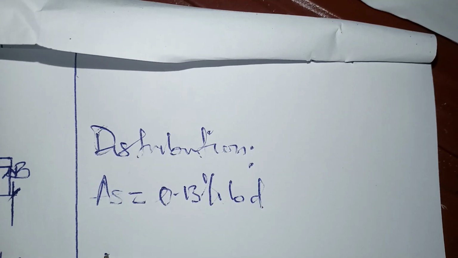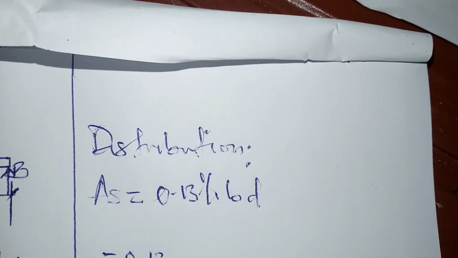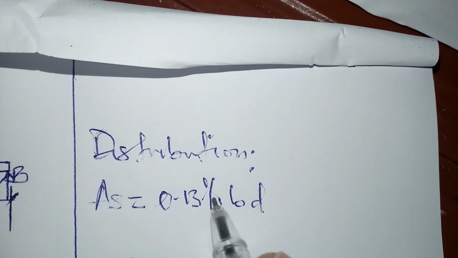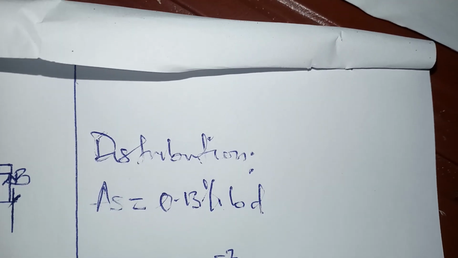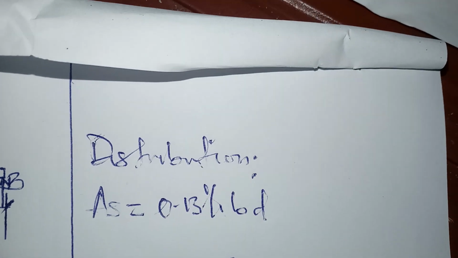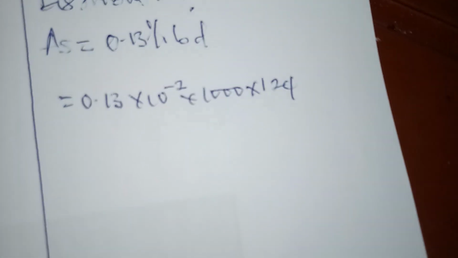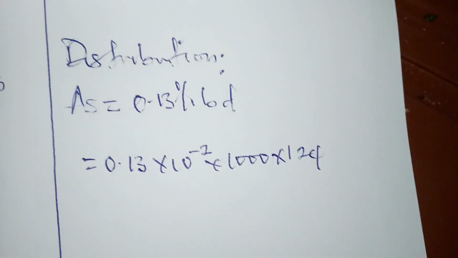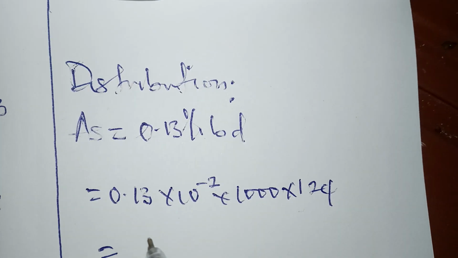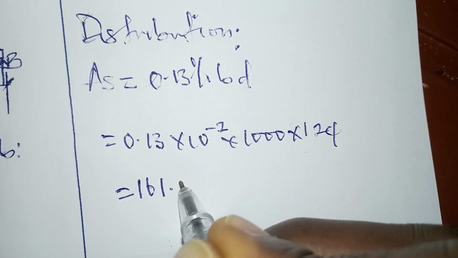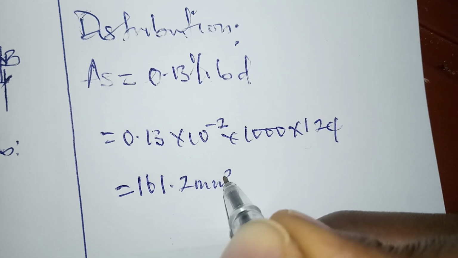That will give us 0.13 times 10 raised to the power minus 2, that is our percentage, times 1000, our b, then our d, 124. Simplification gives a result of 161.2 millimeter square.